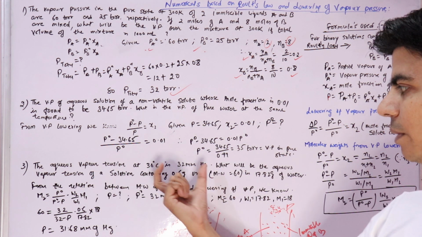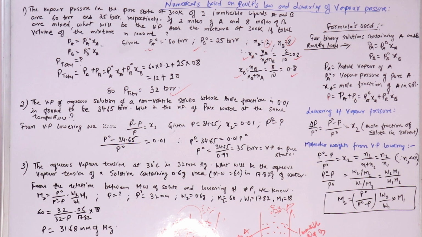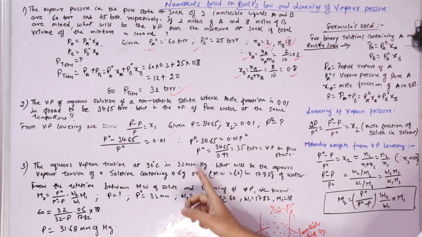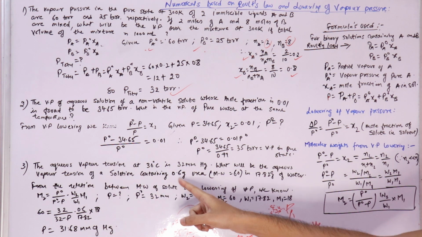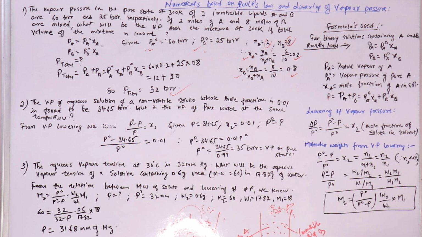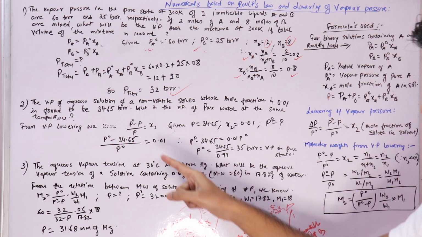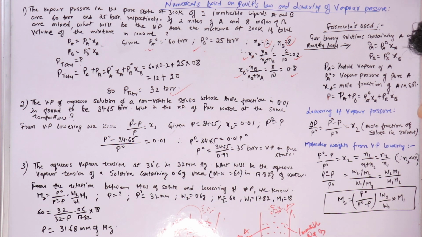This is the aqueous vapor tension of pure liquid, right? So it's asking you what will be the aqueous vapor tension of a solution containing 0.6 gram of urea. If to this pure solvent you add 0.6 gram of urea, what would be the vapor pressure of the resulting solution? This is what it is asking, which means if it's a pure liquid, vapor pressure of pure liquid is 32 mm.